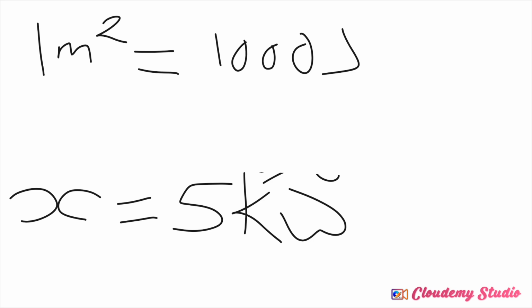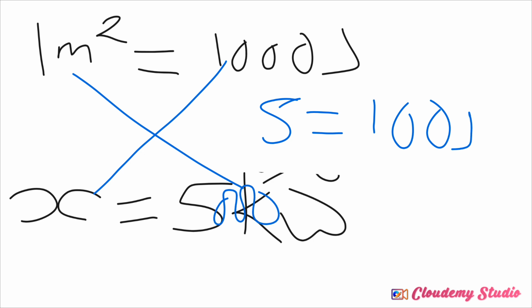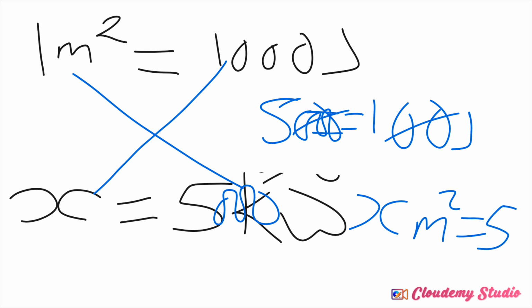So we are now going to cross multiply. In other words, we are going to have 5 is equal to 1,000 joules, which in kilowatts is 1, we cancel the joules, meaning the zeros are going. Hence, X meter squared will be 5.